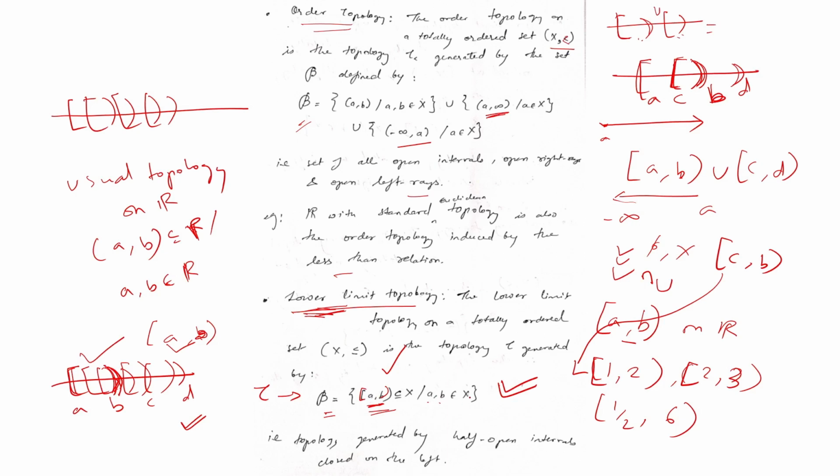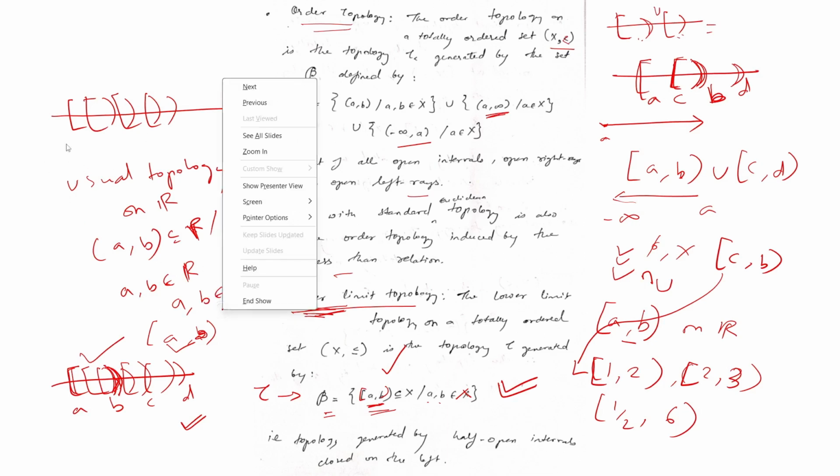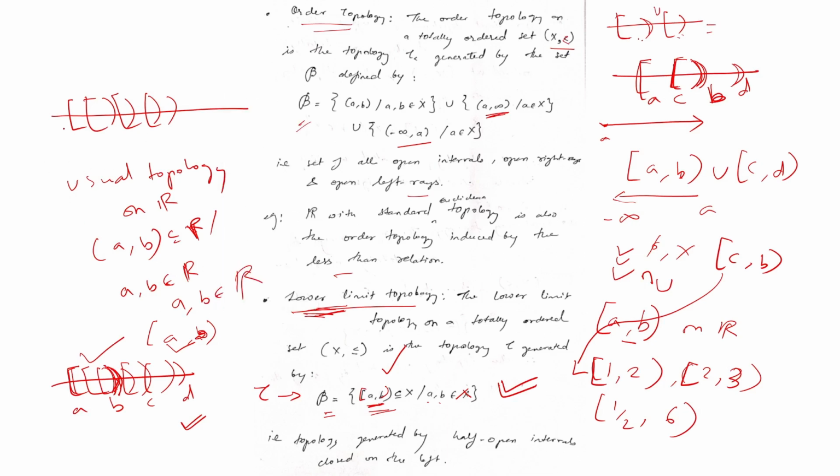Here A comma B is belonging to what? X, right? So if you are taking R, if A and B belong to R, this A and B can be anything. It can be any real number. And how many real numbers do you have? Infinite, right? So you have infinite choices for this. This is just explaining that your base is generated by this kind of elements or this kind of intervals.